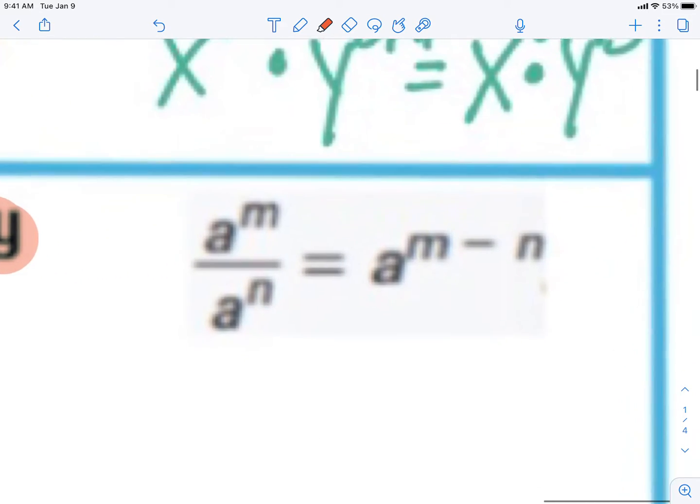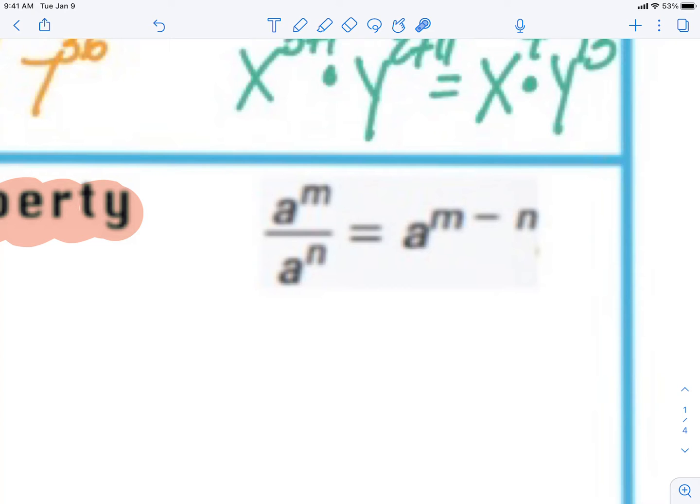So the exponent rule is that when we're dividing the same base, with exponents m and n, we subtract the exponents: m minus n.